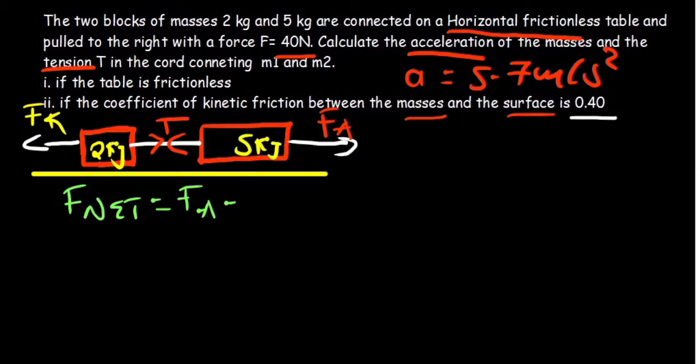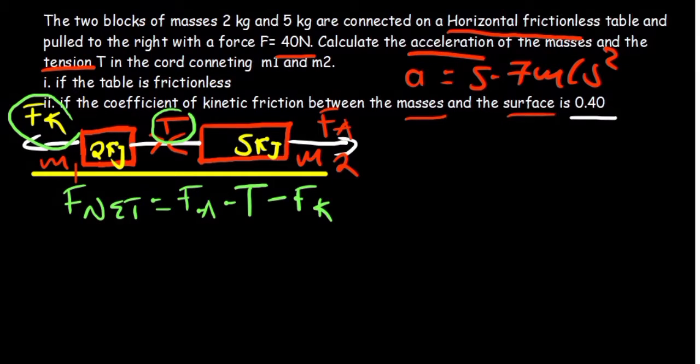If you look at this box, the main forces opposing its motion are the tension as well as the force of friction. So there are some things that we can substitute in at that point. Let the mass of this box be M2, so that the first, smaller one is M1.